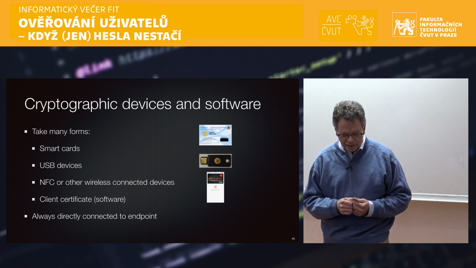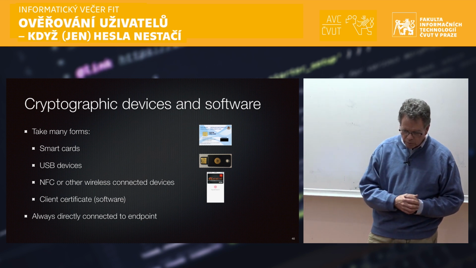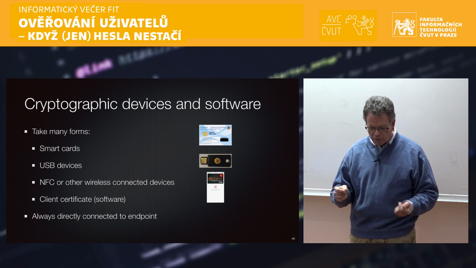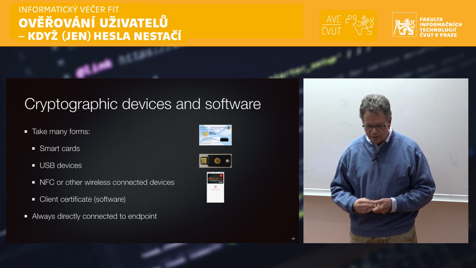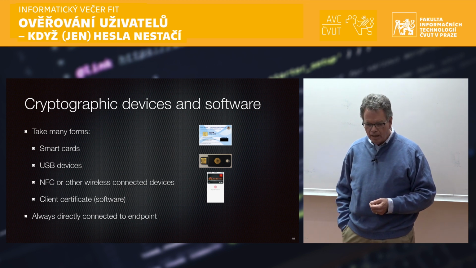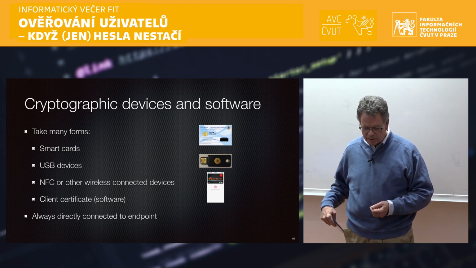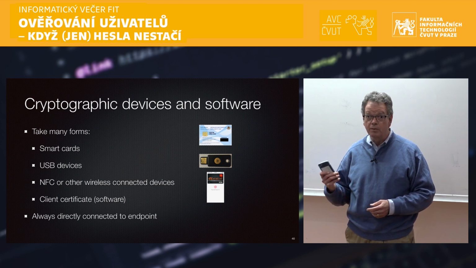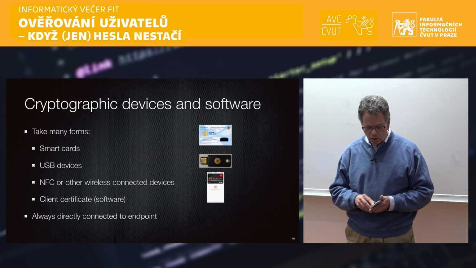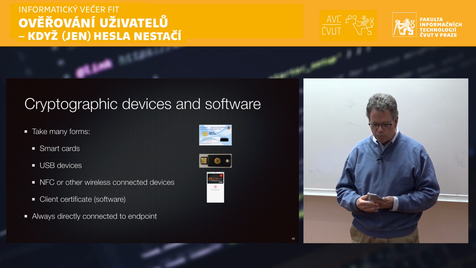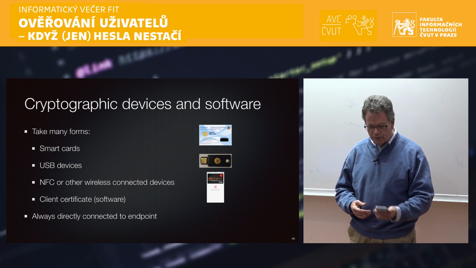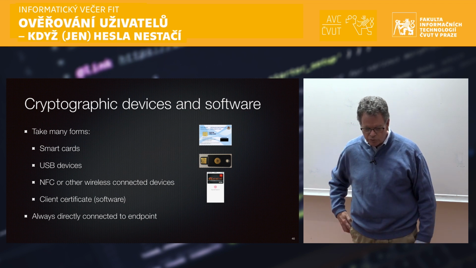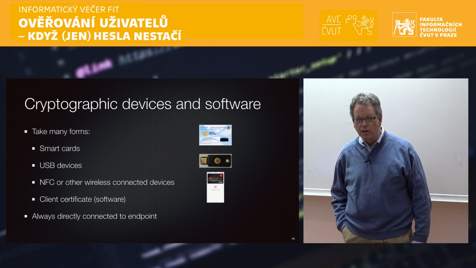There are, of course, things like smart cards, which are up on top, which is another sort of cryptographic device. And then, of course, NFC when you're using your credit card or if you're doing some sort of authentication. And some of the FIDO devices now also will support NFC as well, that you can tap or get close to a device that you're trying to authenticate.